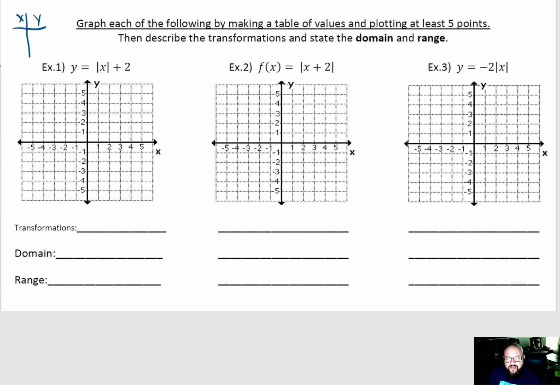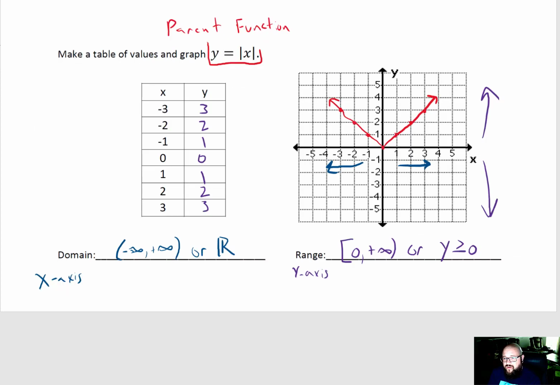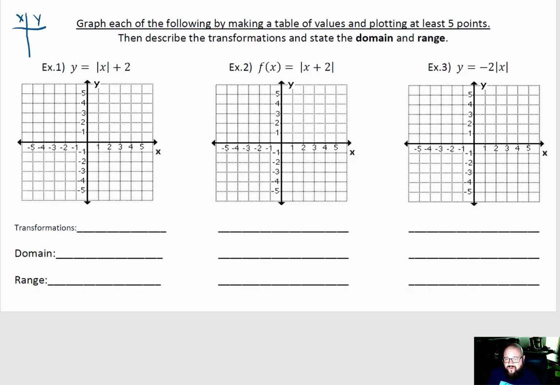So we're going to say we got our x and our y. And let's say we know if we just had absolute value of x, if we didn't have this plus 2 on here, we know that that would look similar to our parent function, right? As far as being at 0, if anything, on our x-axis is where the center focal point is going to be, okay, for our vertex.